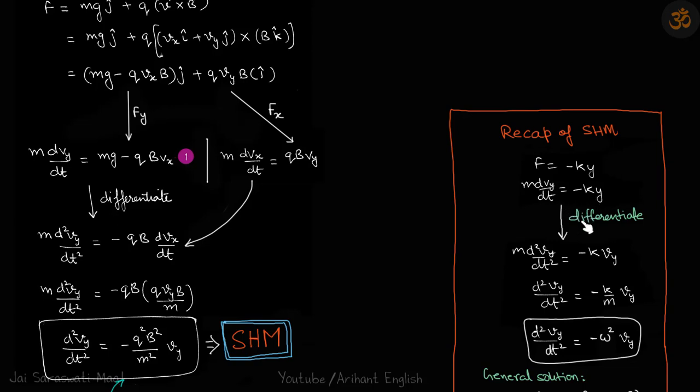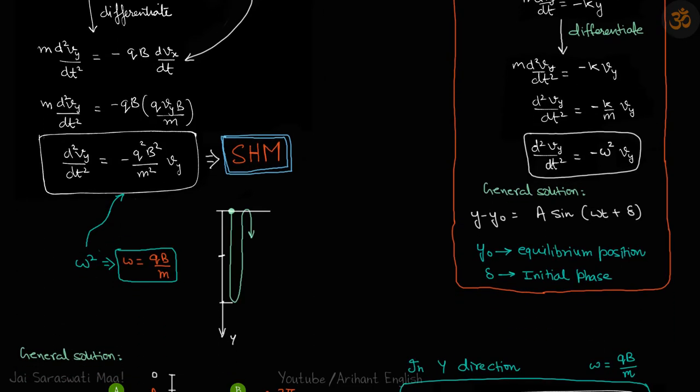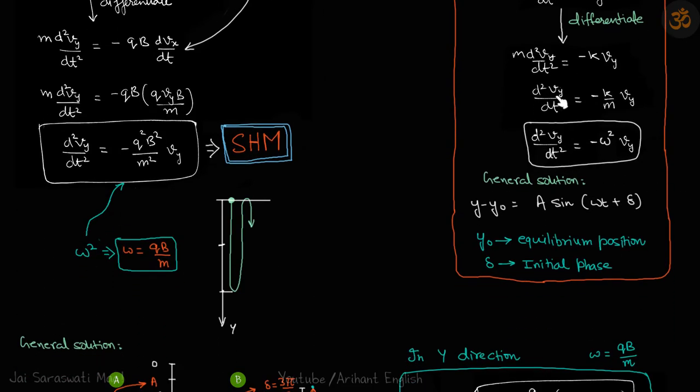If we differentiate this, we get m d2vy by dt square is equal to minus k vy, or d2vy by dt square is equal to minus k by m vy, and k by m which we know very well from SHM, that is omega square.